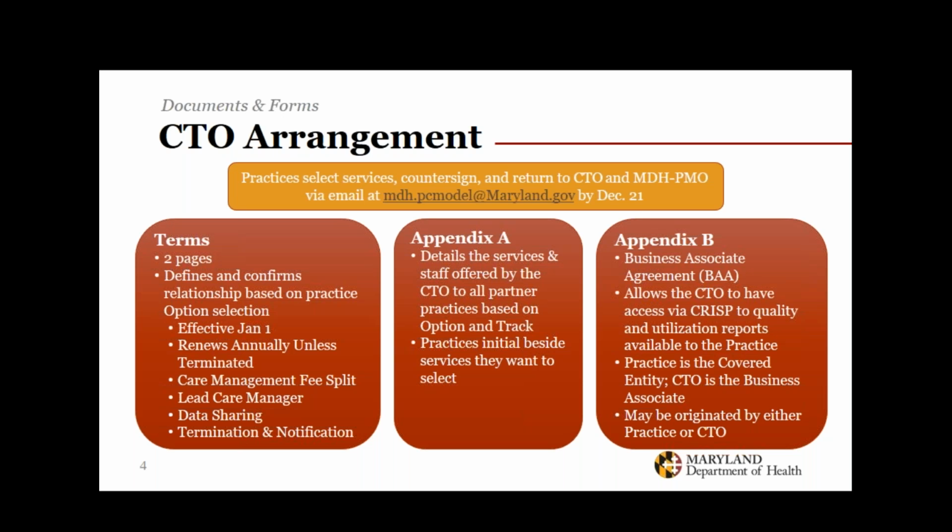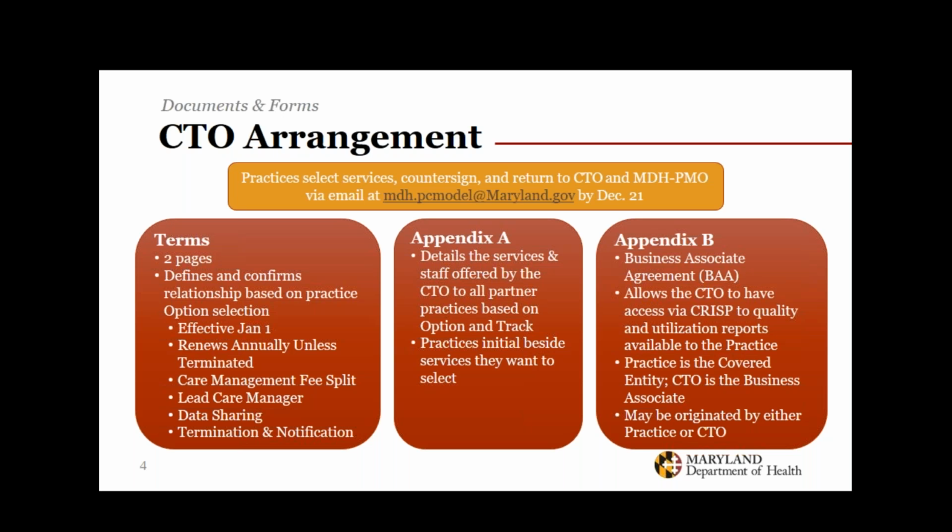For the arrangement, as Alice had mentioned, the same deadline applies, no later than December 21st. We have it out to the CTO so they can have it ready as soon as the CTO letters go out and identify the practices that they are to send them to. And there will be 2 versions of the arrangement. One will be for the 50-50 option 1 split, and one will be for the 30-70 split.